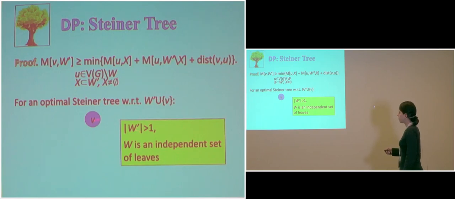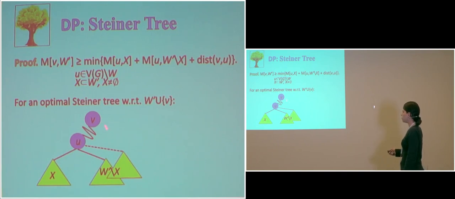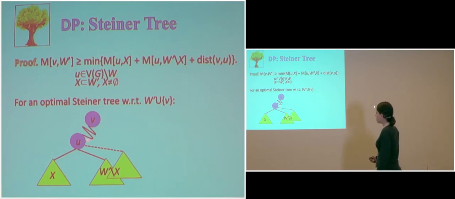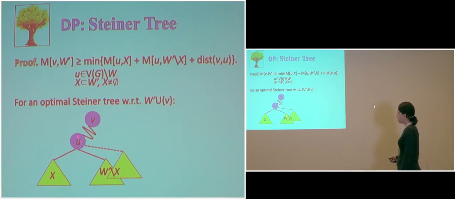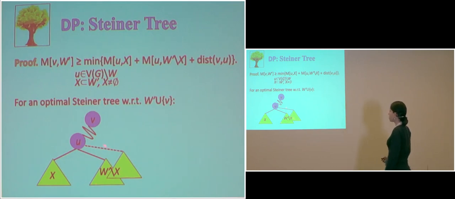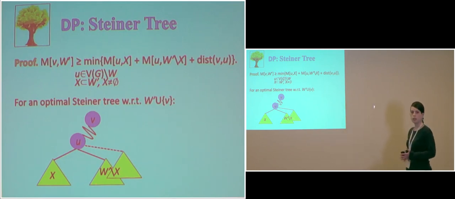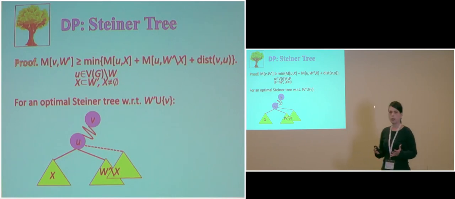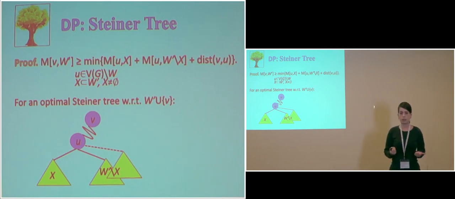We have this vertex V here, but in addition to this, what we know is that there will be a vertex here U, such that it is closest to V, perhaps it is V itself, and there is an edge outgoing from U to a subtree that contains some terminals, and there is also at least one other edge that is going to another subtree that contains at least one terminal, right? Because we have at least 2 terminals, and they are an independent set.